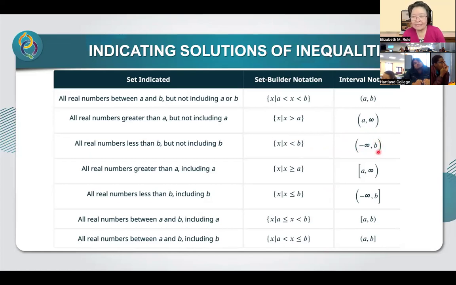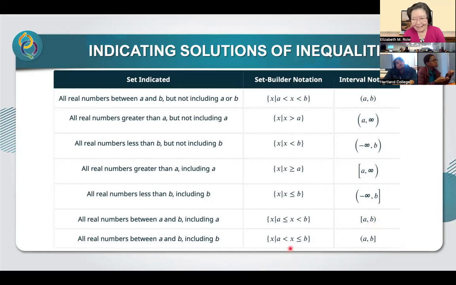However, if we have greater than or equal to a, we use a bracket to show that a is included, up to positive infinity. Similarly, x less than or equal to b is negative infinity to b, and we use a bracket, since b is included. If x is between a and b, where a is included but b is not, then we use a bracket here to show that a is included, and a parenthesis there to show that b is not included.